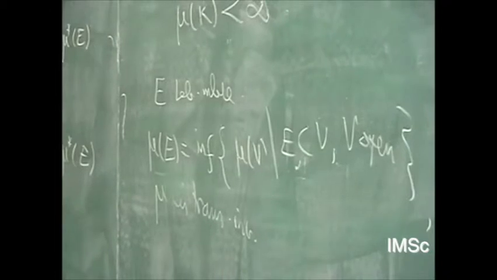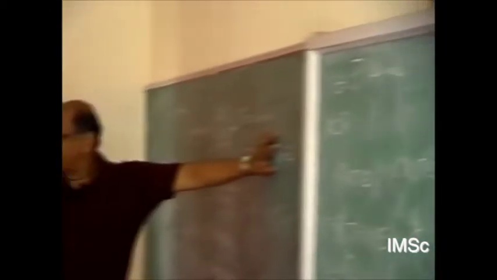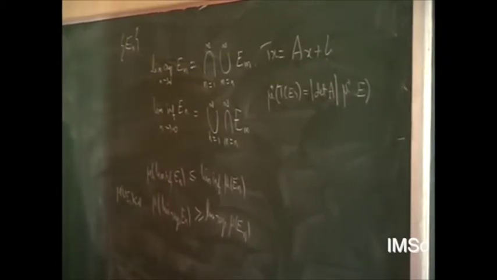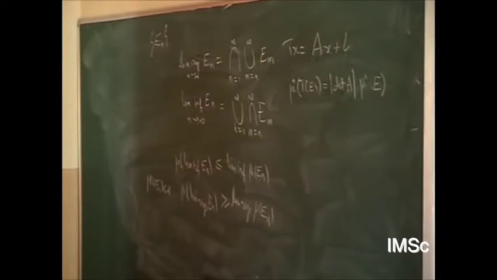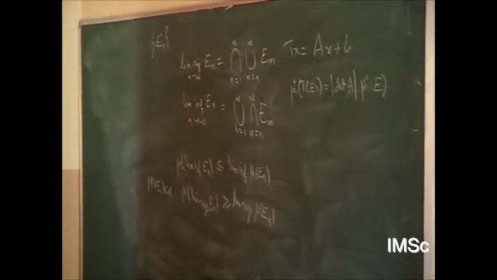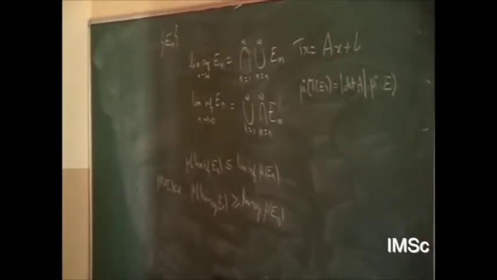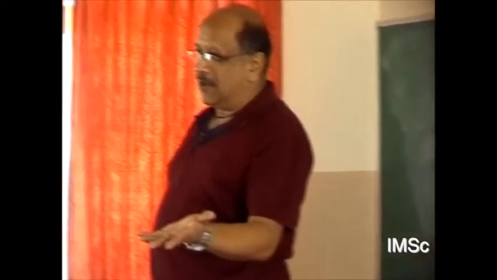So if you have an orthogonal matrix, the measure will not change. But what is the meaning of an orthogonal matrix? It's either a rotation or a reflection. So translation, rotation, reflection, all these are rigid motions of the body, and the volume will not change. This is intuitively obvious.